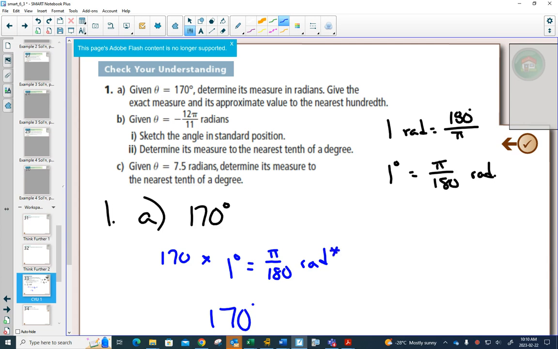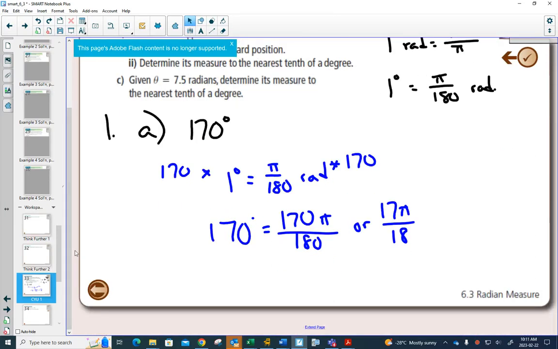But then I would have to multiply this by 170 as well. So sometimes people like to do it this way, okay, where they look at the formula and see which one could they multiply to get 170 degrees easiest.